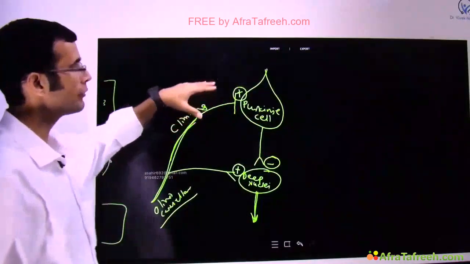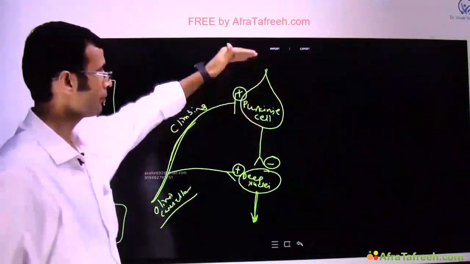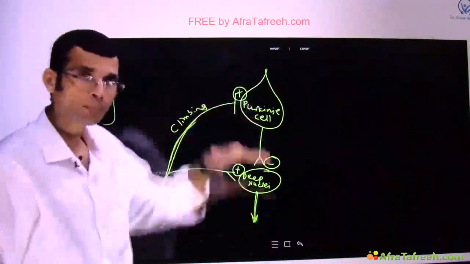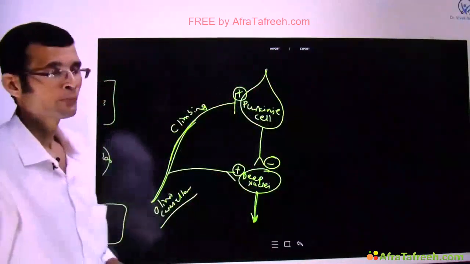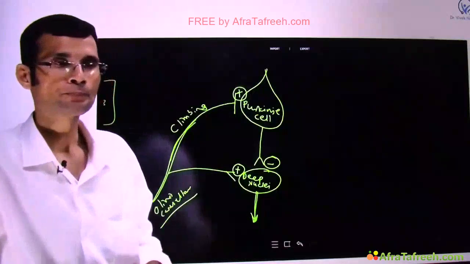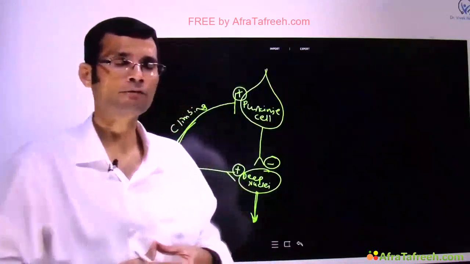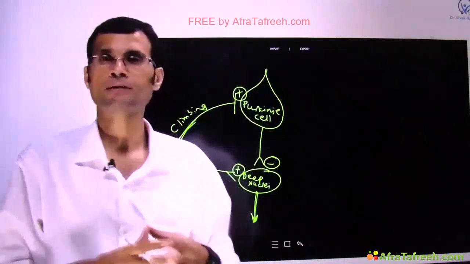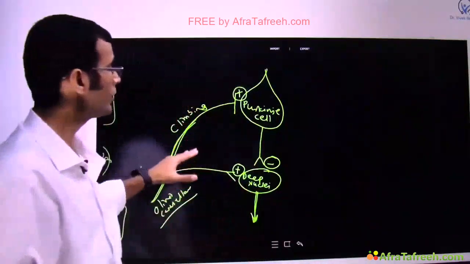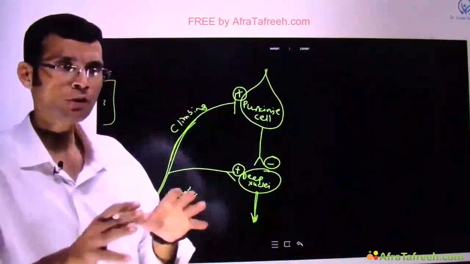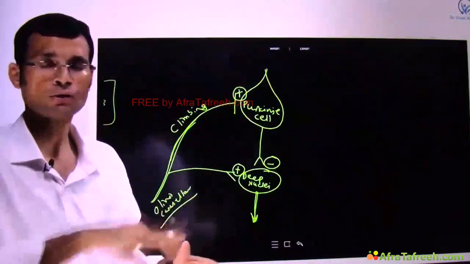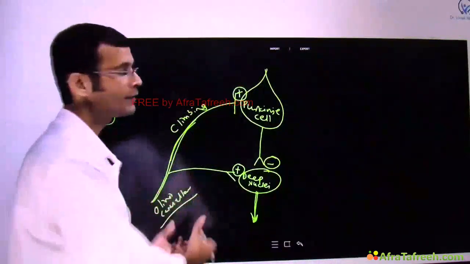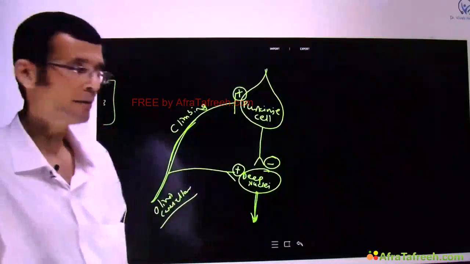What will be the effect of excitation of the Purkinje cell? Purkinje cell will suppress the deep nuclear output. So this is why we have a very fine control on our voluntary movements, very precise movements, very smoothly executed movements, because there is a switch on, switch off, switch on, switch on type of signaling going on all the time via cerebellum.